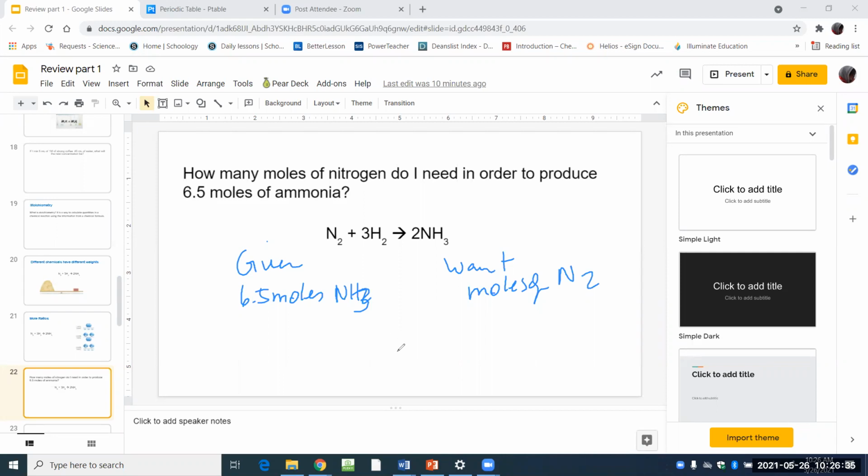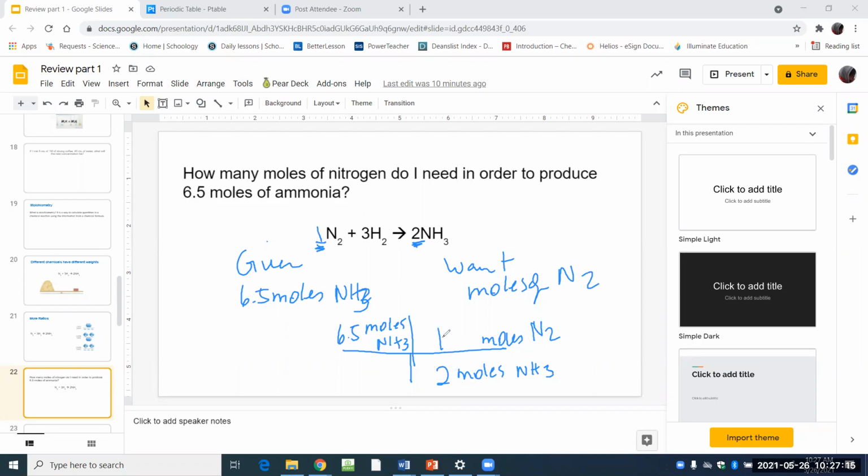To solve this, I do my dimensional analysis, which starts with 6.5 moles of NH3. Now I want moles of N2, and I know for every 2 moles of NH3, I need 1 mole of N2.